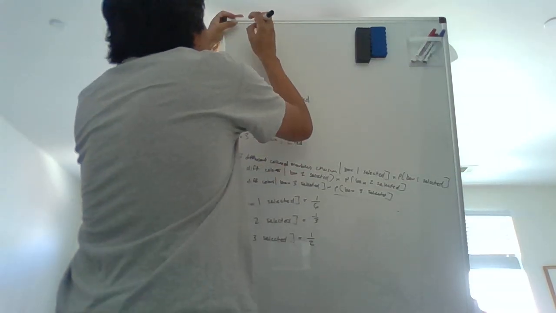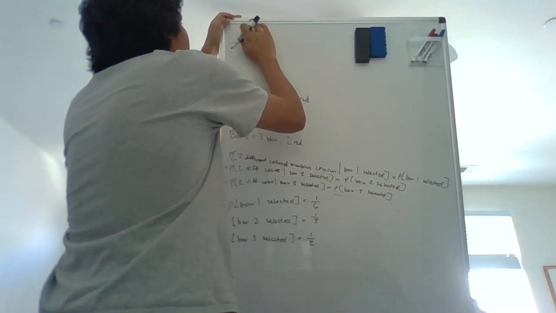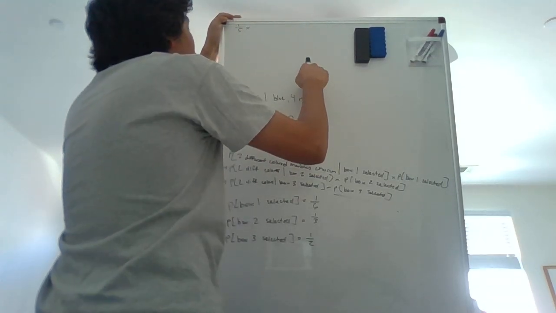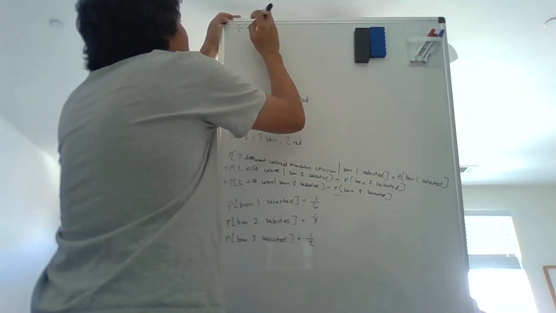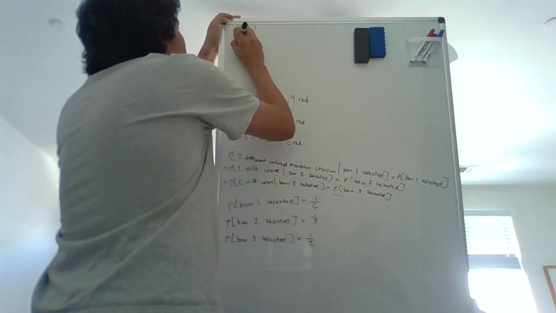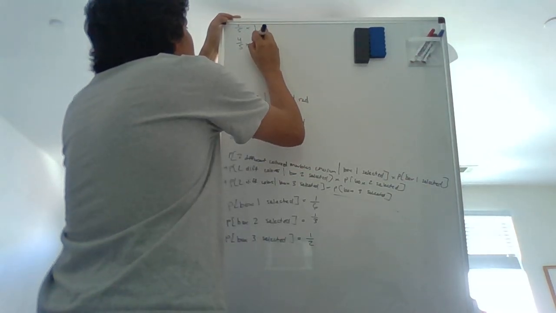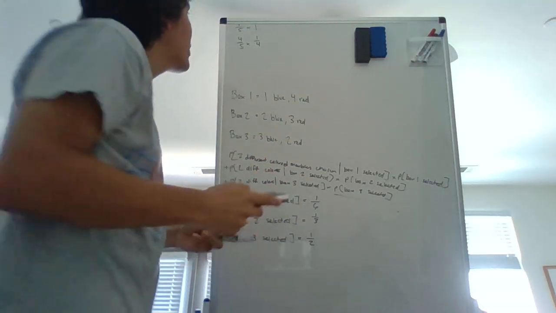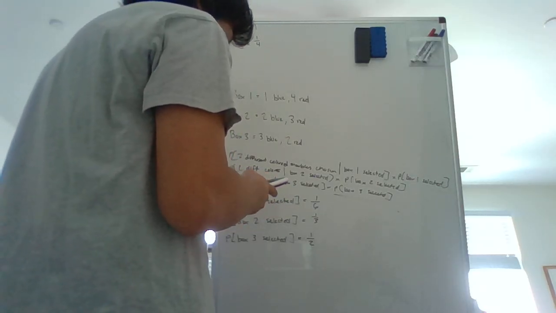Okay, if we pull a blue marble out first, then that is a 1 in 5 chance of that happening. If we pull out a red one after, then that's a 100% chance of happening. But if we pull out a red one first, that's a 4/5 chance. And then if we pull a blue one out, that's a 1/4 chance. So what's 4/5 times 1/4?